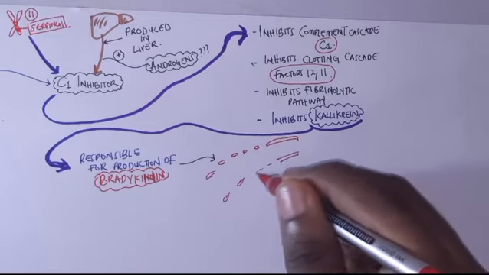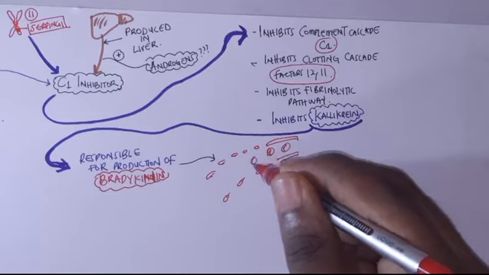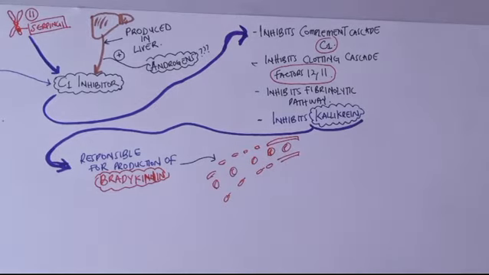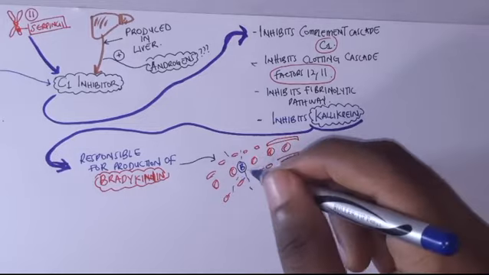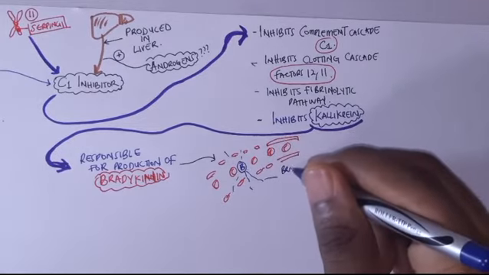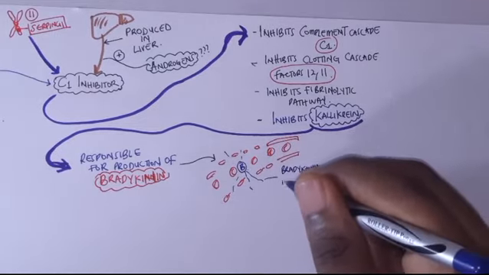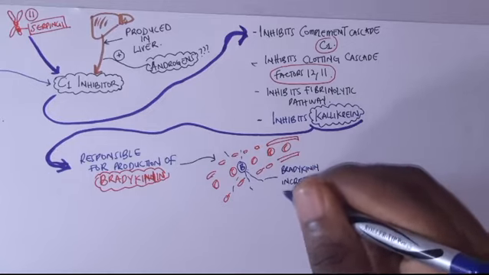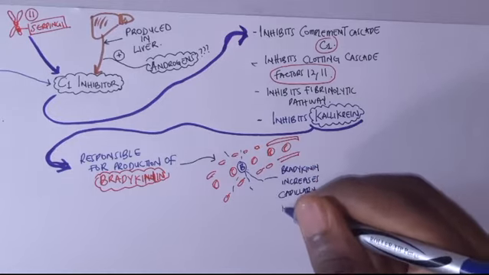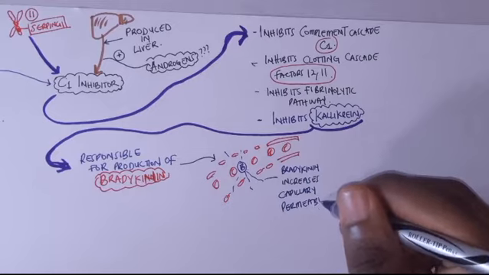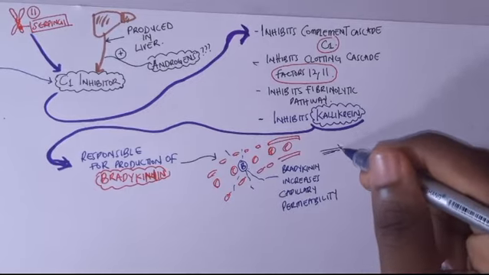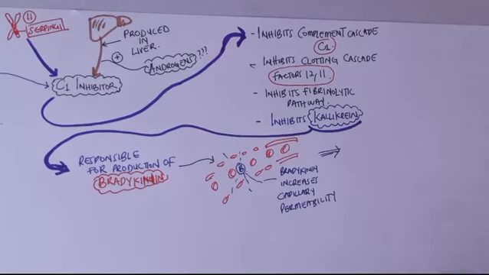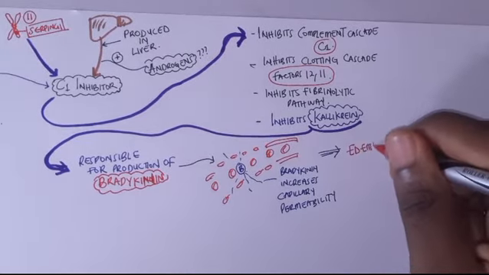So the major pathophysiology here is that C1 inhibitor inhibits the kallikrein system. When there's a deficiency in this C1 inhibitor, the kallikrein system goes into overdrive, and you have a lot of bradykinin. When there's a lot of bradykinin in all the vessels of the body, you can expect an increase in capillary permeability, and you're going to have edema in different parts of the body, depending on wherever the bradykinin gets to.